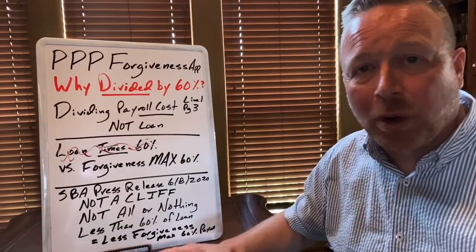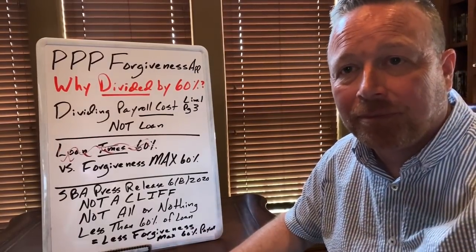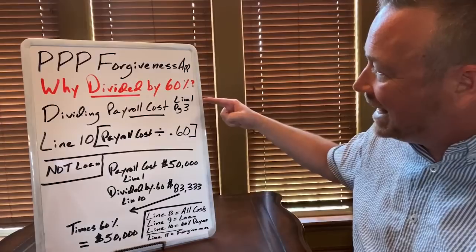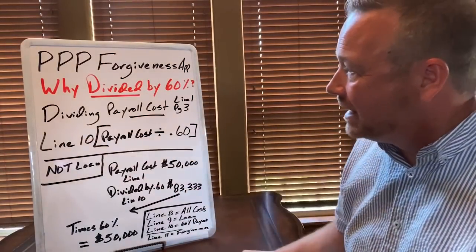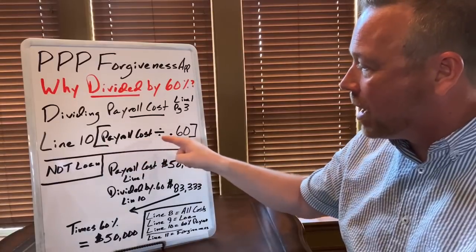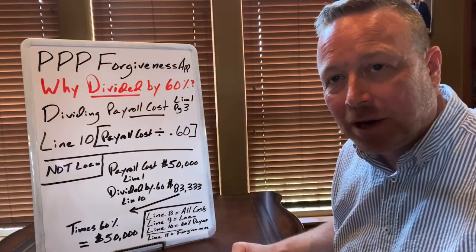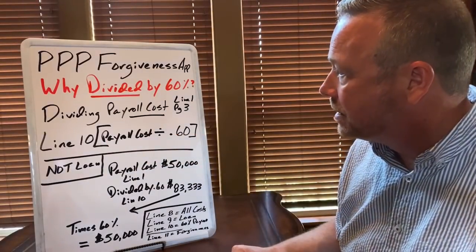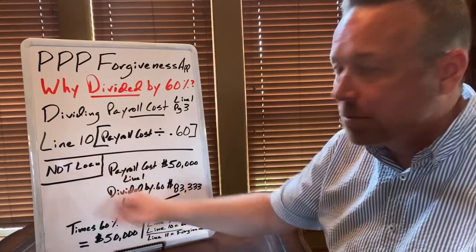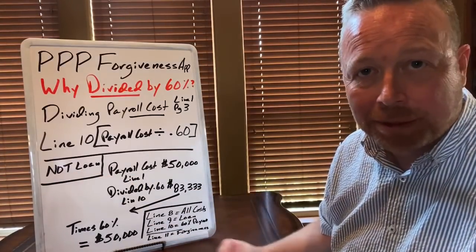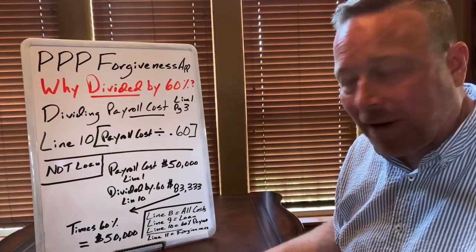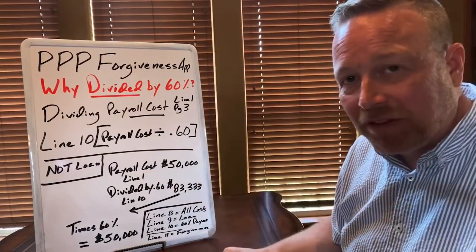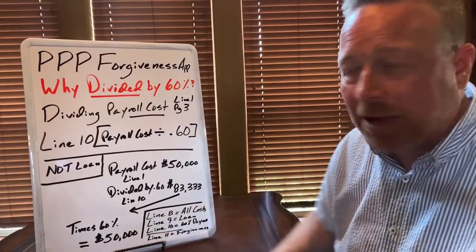All right, so here's a quick calculation. So again, line 1 is payroll costs. Line 10 is payroll cost divisible by 0.6. That'll be what the updated app says. Okay, so we're not doing this based on the loan. That's why it's not a times. So you take your payroll cost, example, 50 grand. So line 1 would be 50 grand. It's an example, okay?